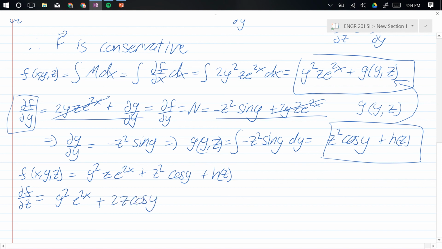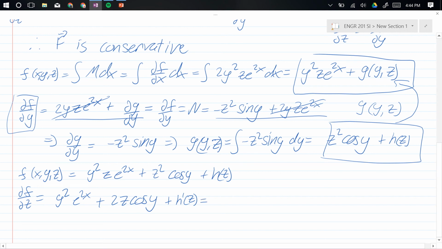And this, the h of z. Where I messed up in the last part, where we had two variables, I took the partial of it. I can't say g prime, but in this case I can say h prime because we're taking the partial of something that only has just that variable. So the partial of h with respect to z is equal to the full derivative of the h of z.